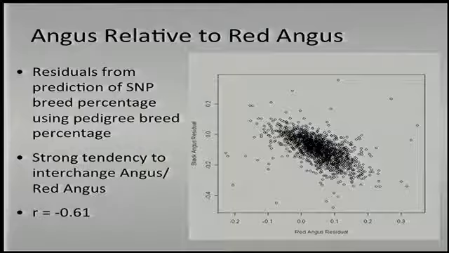Well, the residuals for the amount being called Black Angus, the American Angus, and the amount being called Red Angus were correlated to each other. In other words, we tended to switch out the amount that we were calling Red Angus and replace it with Black Angus and vice versa. Okay, they were both going up and down in animals because of the close relationship we saw in that diagram between those 2 breeds. So there was a strong tendency to interchange those, and those residuals were fairly highly correlated at about 60%.